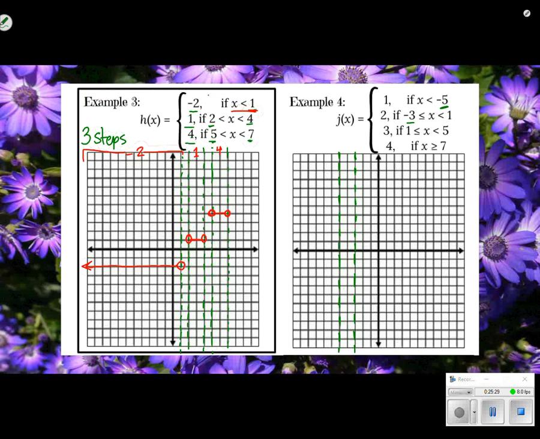You should have a vertical line at 1, because that's a 1. You should have a vertical line at 5. 1, 2, 3, 4, 5. Because that's a 5. And you should have a vertical line at 7.